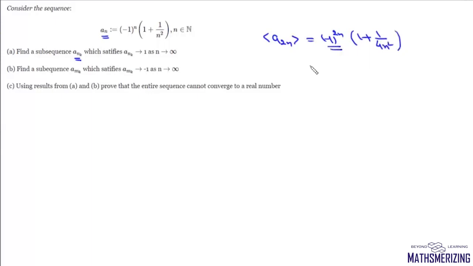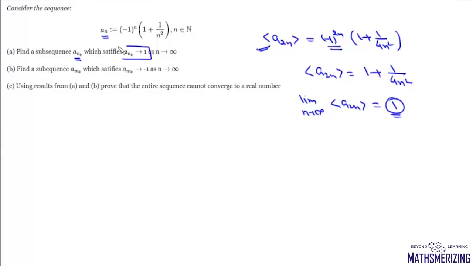Now this is 1, so we can write a2n equals 1 plus 1 upon 4n square. Now if we take this limit n tends to infinity, a2n, this value is 1. So this is an example of a subsequence which satisfies ank approaches 1.